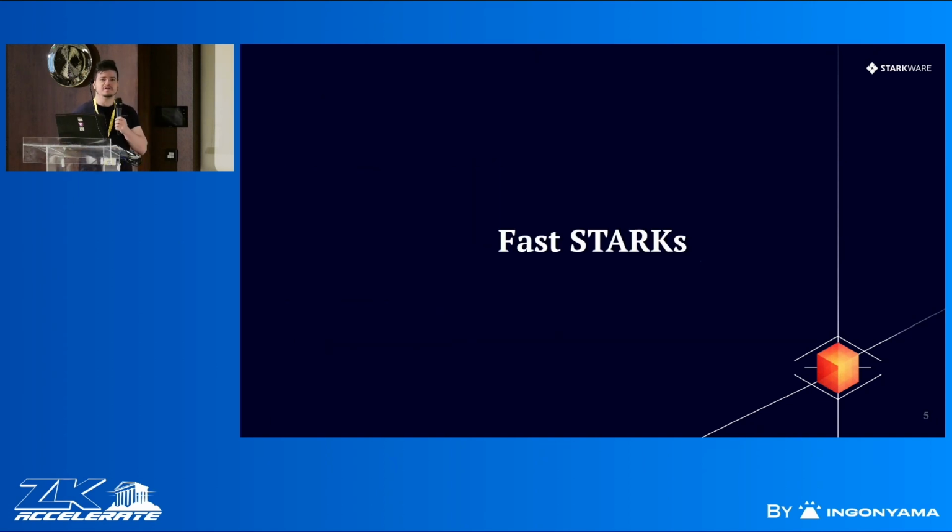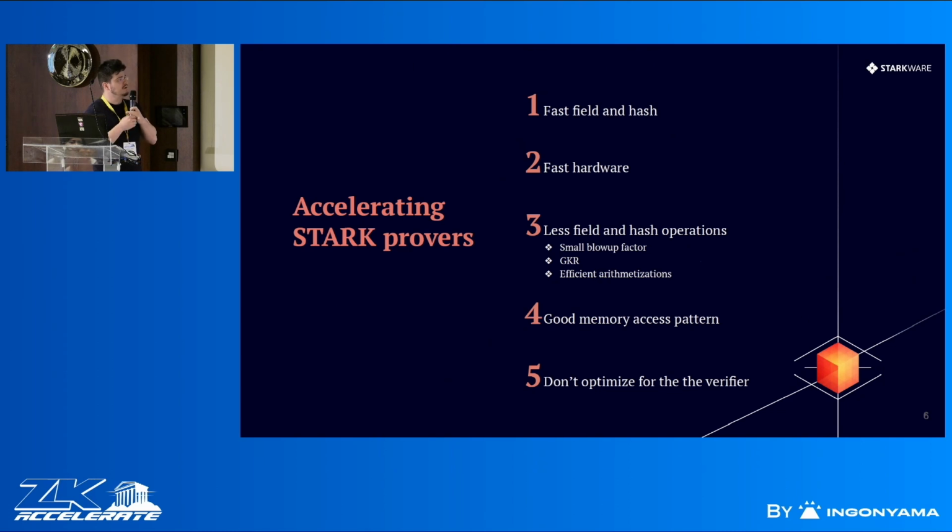All right. So how does one make a fast Stark prover? Well, there are a few ingredients you need to take care of. First of all, there are a lot of field and hash operations in the algorithm itself. So we want the fastest field and hash we can get our hands on. We obviously need fast hardware to run all of these hashes and field operations.